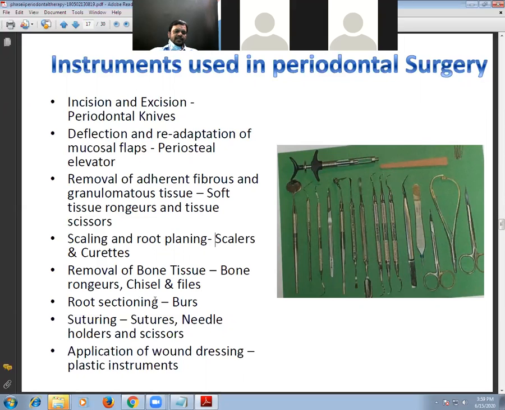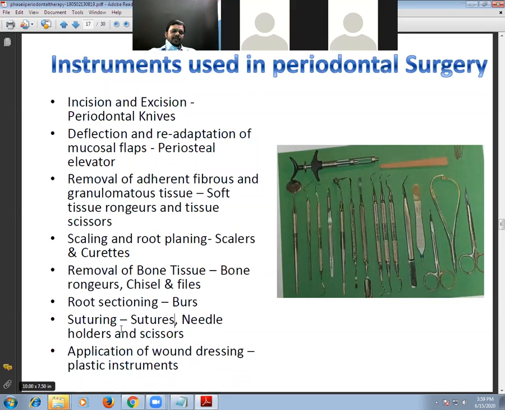Then root resection or sectioning is done with the help of your diamond burs. Then for suturing purpose we require sutures, needle holders, and scissors. You can use absorbable sutures or non-absorbable sutures for performing periodontal surgeries.